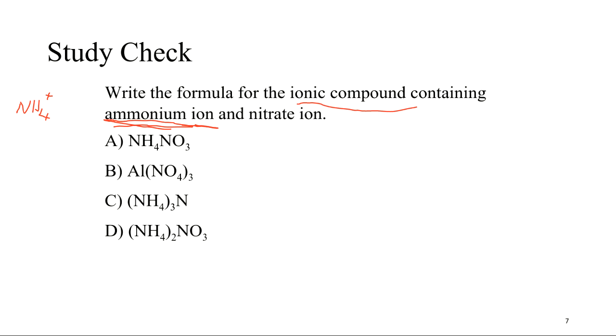And the nitrate ion is NO3, and the overall charge is 1 minus. So we want to check these compounds for the ammonium ion and nitrate ion. Let's take this one. This is ammonium nitrate, and the charges, this is plus, this is minus, so the charge on the compound is balanced. So that's ammonium nitrate.